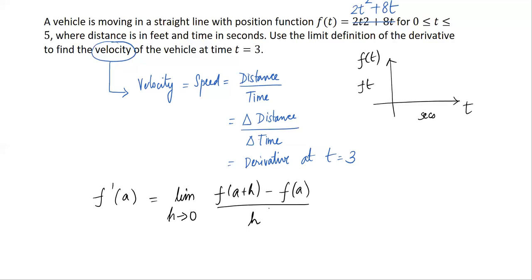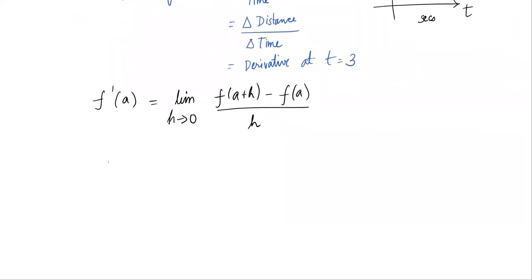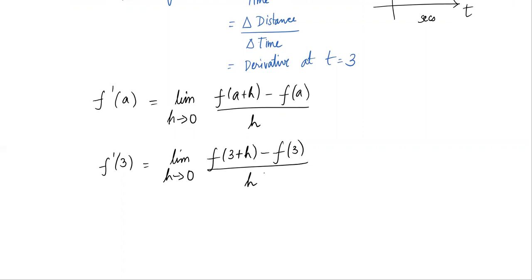So our a is 3 here. So it's f prime of 3, f of 3 plus h, minus f of 3 over h.